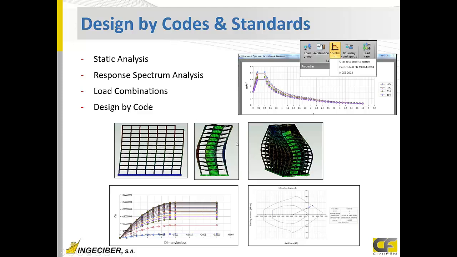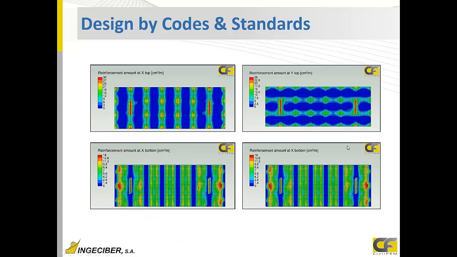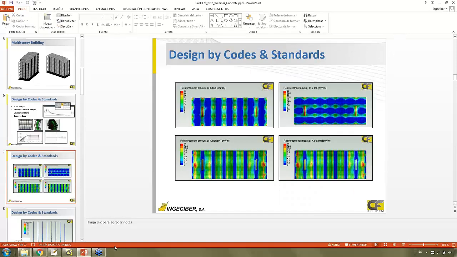So we are solving with elastic linear behavior, but we are adding non-linear behavior in the post-processing, creating the interaction diagram, taking into account this parabola rectangular law, and checking if forces and moments are inside, if we are checking, or designing, calculating the minimum reinforcement amount for the section to be okay. And some results we can see here.